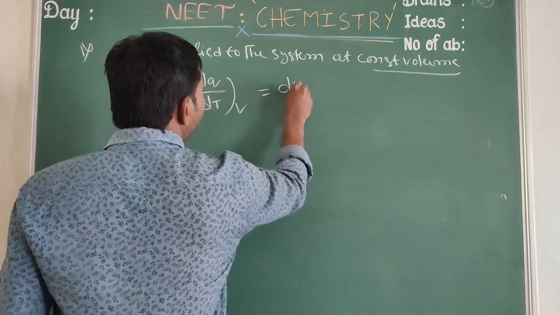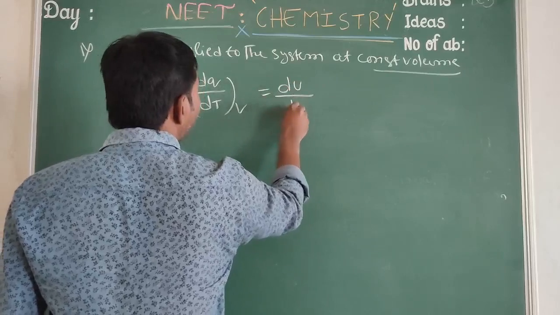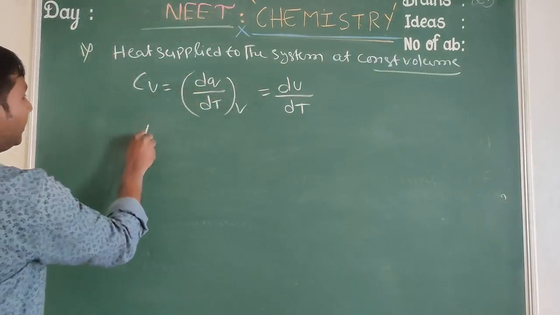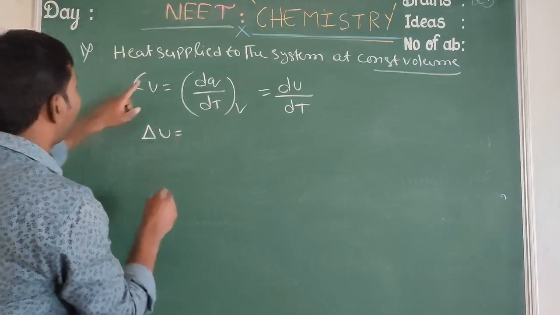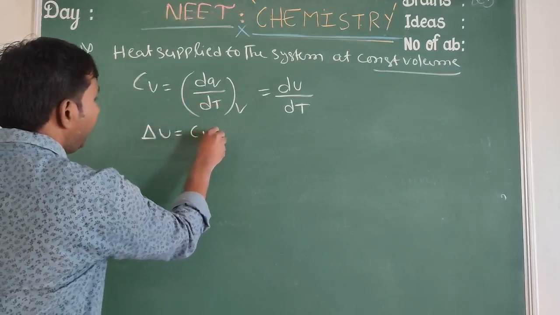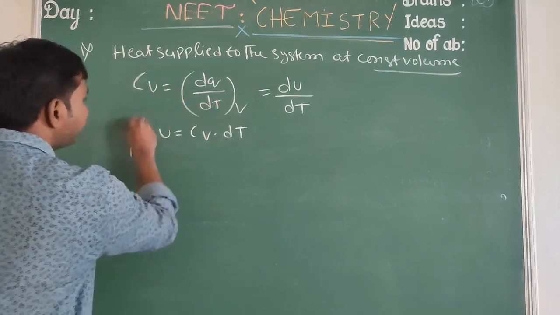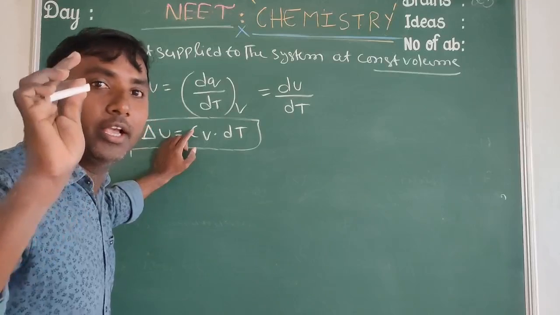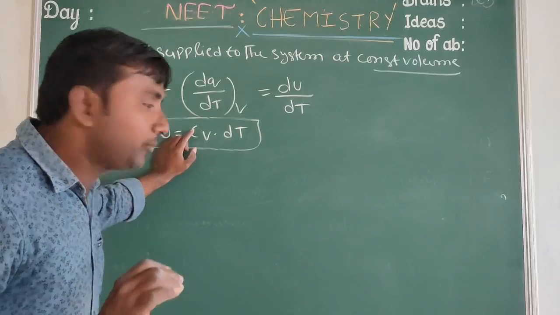Already we know the change in internal energy by change in temperature. Now, change in internal energy equals Cv into dT. Here, Cv means heat capacity at constant volume.